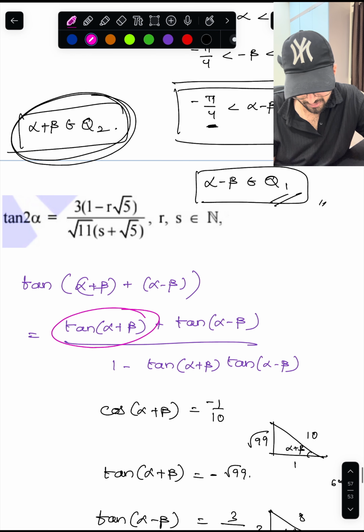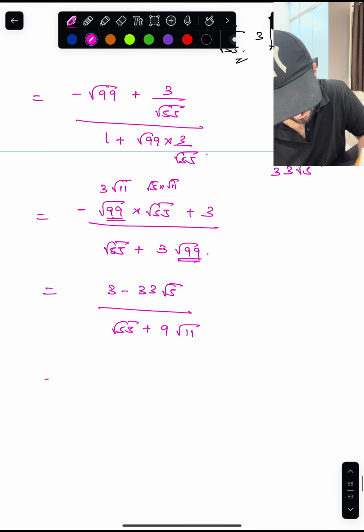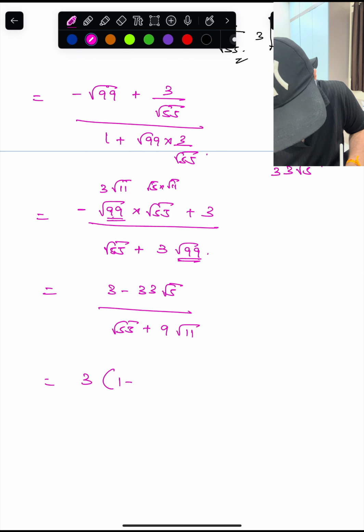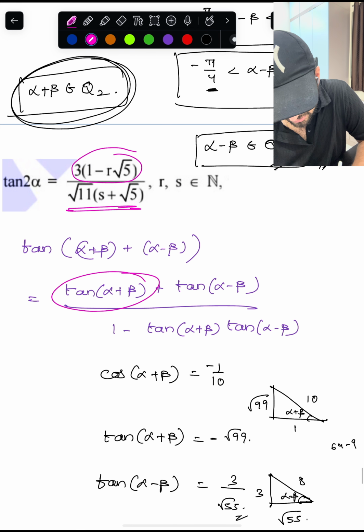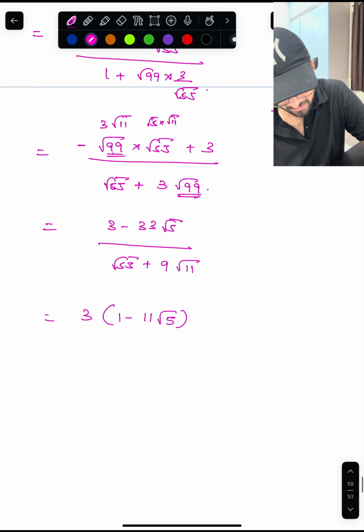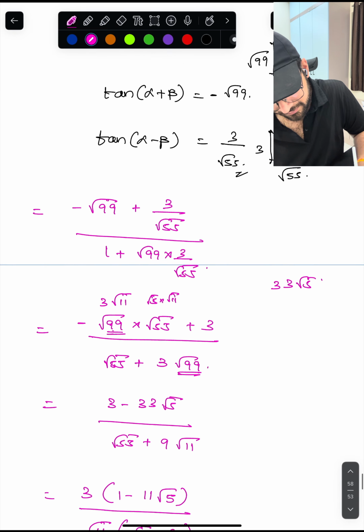So let's see what is the format they are giving. 3 you can take out here. 3 if I am taking out, 1 minus 11 root 5. Okay, and root 11 I can take from the denominator. So root 11 I am taking, root 5 plus 9.